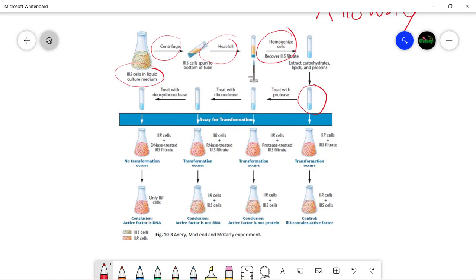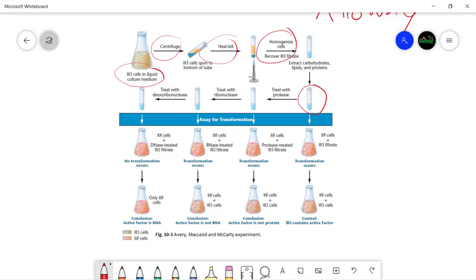Next, they treated the extract with deoxyribonuclease, the enzyme that destroys DNA, and they found the answer. When they treated the extract with deoxyribonuclease and mixed it with type 2R cells, no transformation occurred. Only type 2R cells were found in the filtrate.